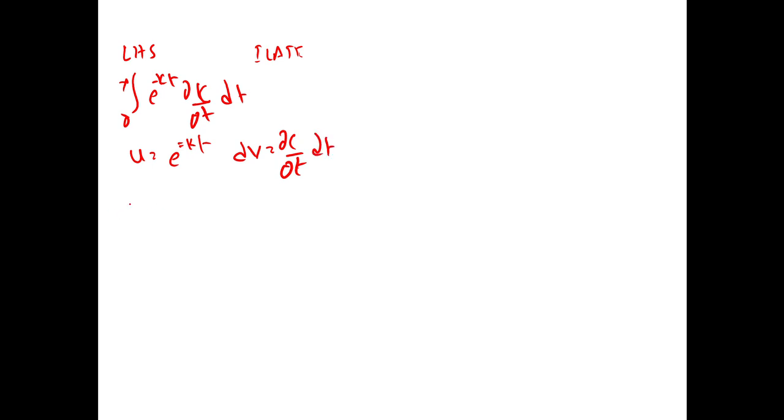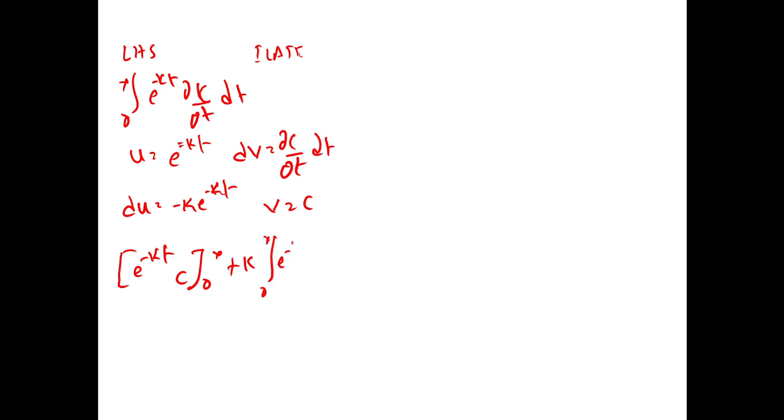So first we differentiate: du equals minus k e to the power of minus kt, and v equals the concentration c, because it is the differential. So by applying integration by parts, we get the integral from 0 to infinity of e raised to minus kt times c dt.